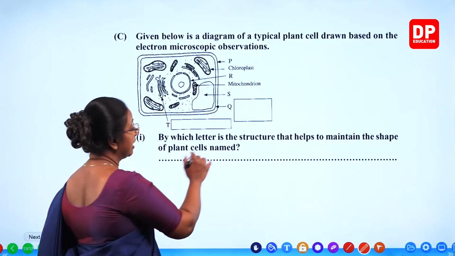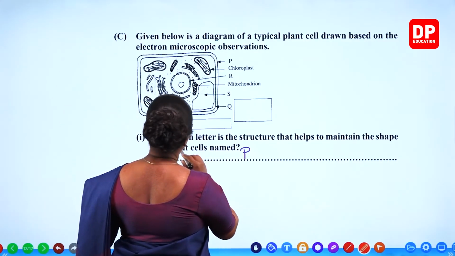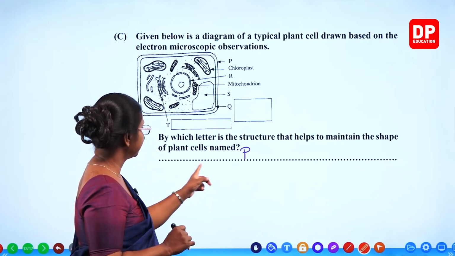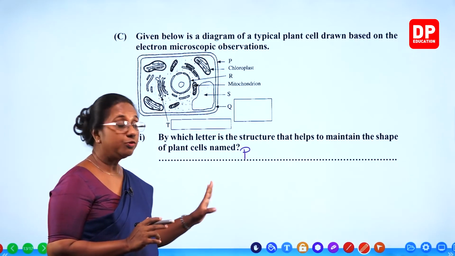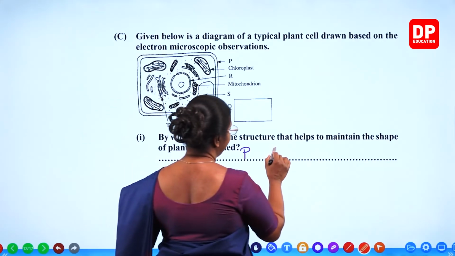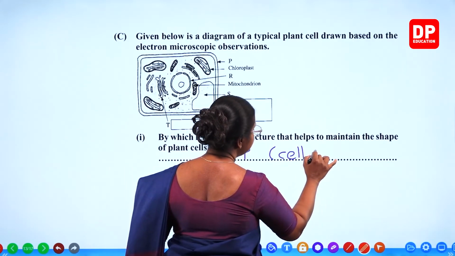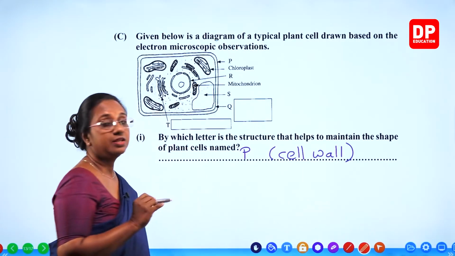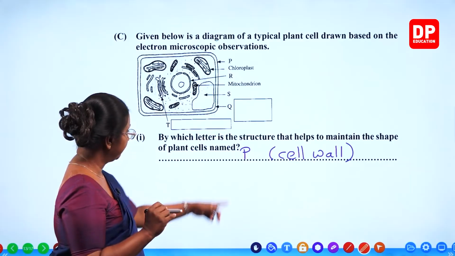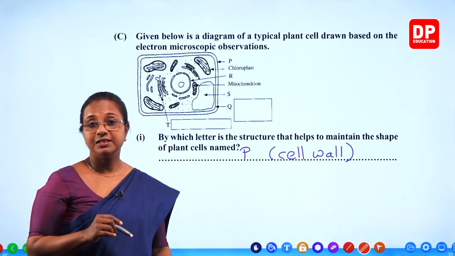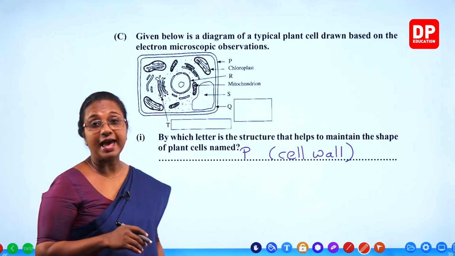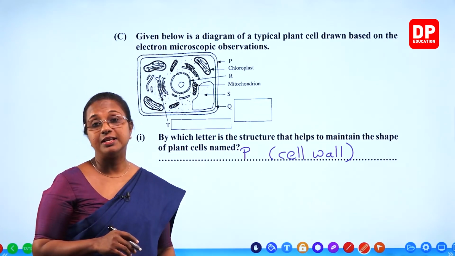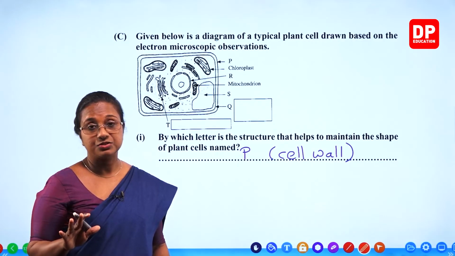So here we can write P. You can also write it as cell wall, but since they have asked for the letter, it is always better to write that P. But they did accept the answer cell wall also. But here the question says by which letter. So that is P. Is that clear, students?